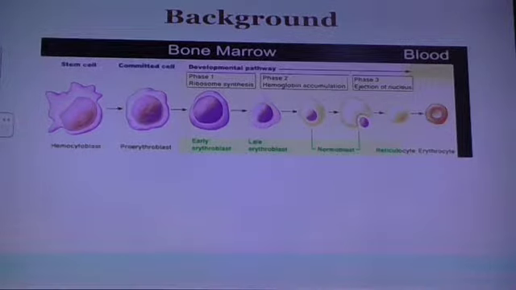As you can see, the stem cell is bigger because it has a nucleus. Once it becomes mature, the nucleus is excreted, and the red blood cell in the system is smaller than the stem cell.